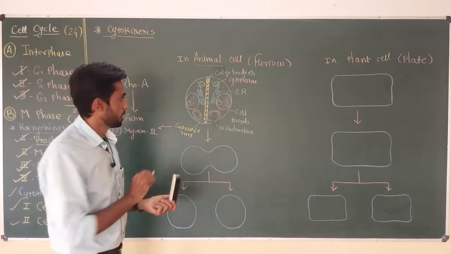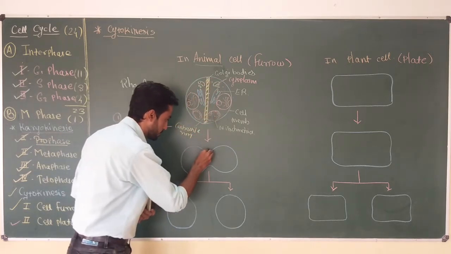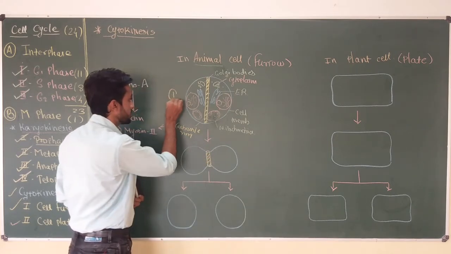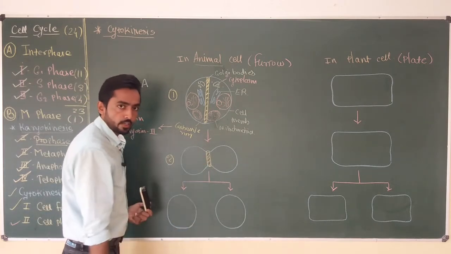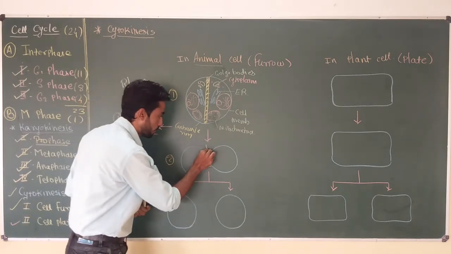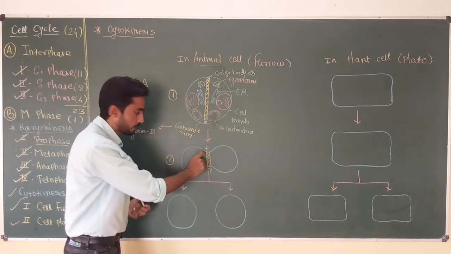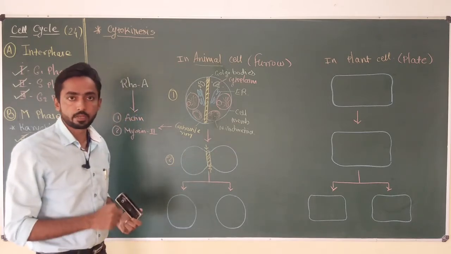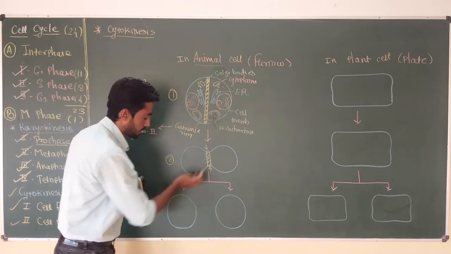A force is produced, a pressure is generated on the cell membrane, and due to contraction of the contractile ring, first stage, second stage of cytokinesis, force is produced on the cell membrane which forms a furrow-like structure. The cell membrane gets pinched inside, a cleavage is initiated, and this type of structure becomes visible. Due to formation of this structure, two compartments are produced.